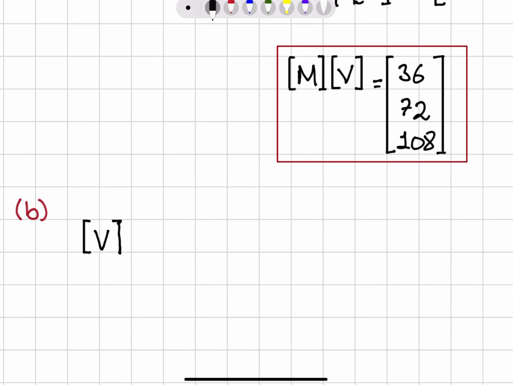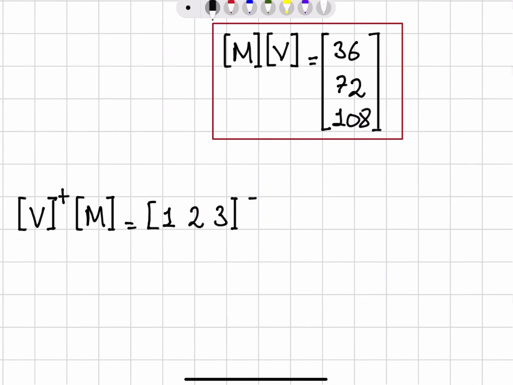If we take the transpose, so instead of having 1, 2, 3 in the first, second, and third rows, we have them in the first, second, and third columns of a given row, multiplied with my M matrix.